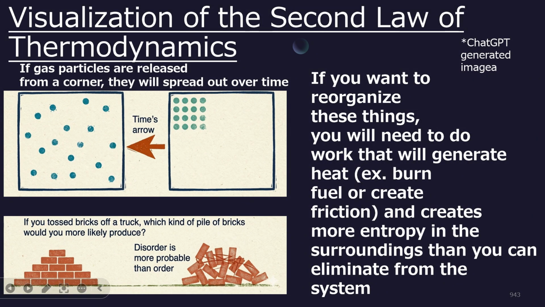You need to actually do it yourself. And as you do that, you're going to be generating heat. You're going to burn fuel, burn calories, create friction, create sound vibrations. This creates more entropy in the surroundings and in the universe total than you can eliminate from the system, the gas particles or the bricks in these examples. So whatever you do, total entropy increases across the universe.